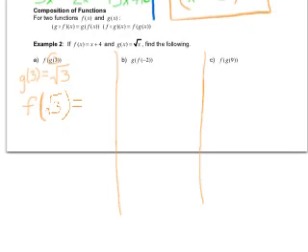So equals. I go up to my f function. F of x is x plus 4. I don't have f of x, I have f of root 3. So instead of x here, I'm going to put a root 3. So root 3 plus 4. If you could simplify, you would, but this does not simplify anymore. So root 3 plus 4 is your final answer.